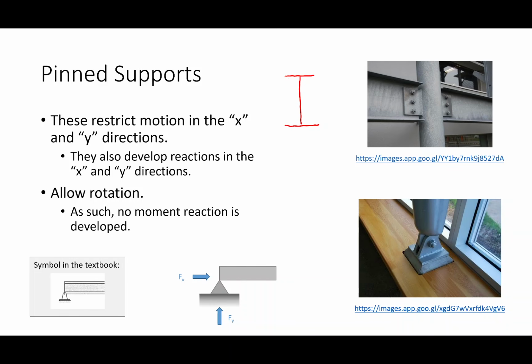So from a strength standpoint, we would say that connection is strong enough to resist the shear, but not the moment, okay? So we would say this connection would not really prevent rotation, kind of like this one, right? This one's a little bit more apparent, like you could obviously rotate this, but we're saying this connection isn't mechanically strong enough to resist that rotation. So that's why we would consider both this and this a pin connection. Does that make sense? Everybody okay with that?